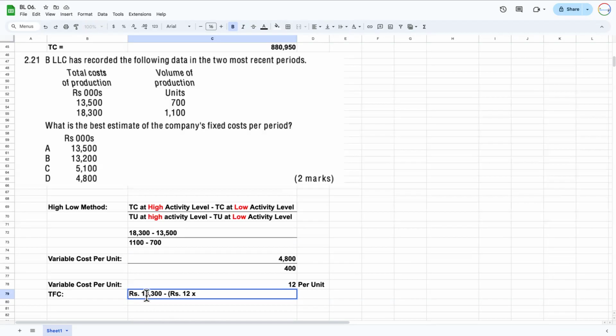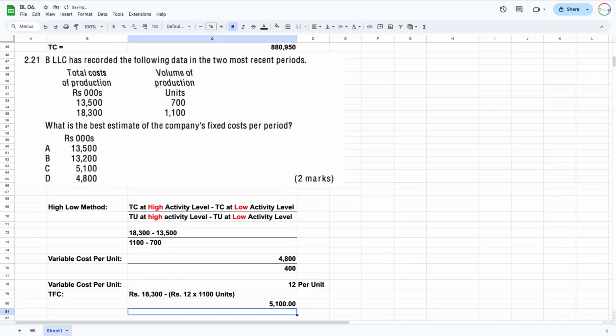For this 18,300 total cost, we have produced 1,100 units. So 18,300 take away 12 into 1,100. So 5,100 is the fixed cost element.